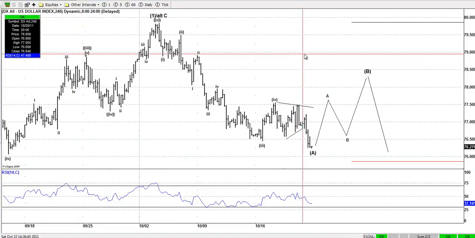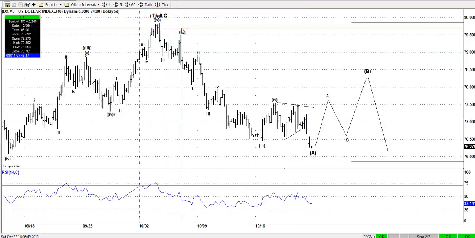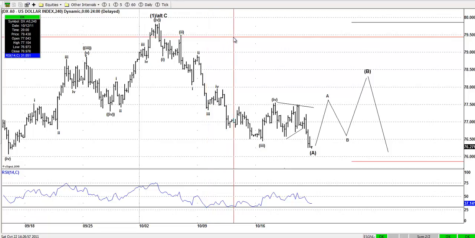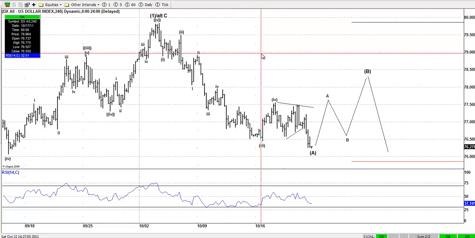If you take a look at the RSI, the divergence, the lowest read on the RSI happens to be right here, 28.73. Right here we got 28.30, and right here we got 30.41, and right here we got 32.51.